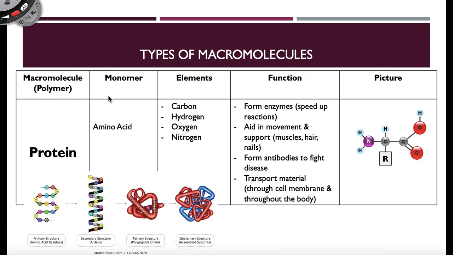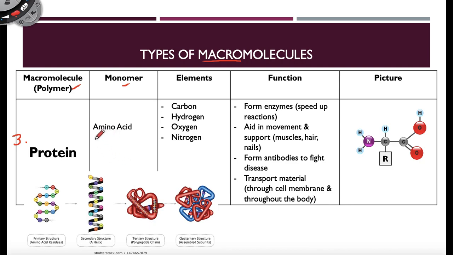All right, moving on. So the third type of macromolecule that we're going to look at is a protein. So proteins are going to become very important in our following unit in molecular biology, so make sure you pay attention. So proteins are also polymers. That means that they're made up of individual monomers.